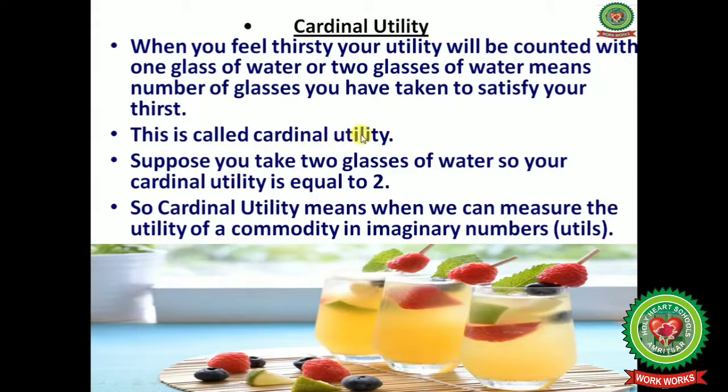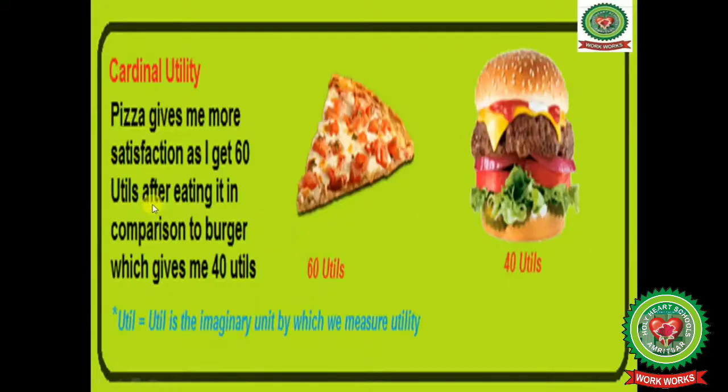This is called cardinal utility. Suppose you take 1 glass of water, so your cardinal utility is equal to 2. So cardinal utility means when we can measure the utility of a commodity in imaginary numbers.